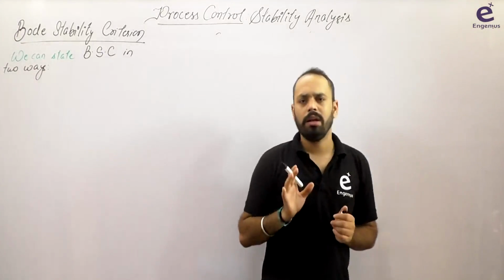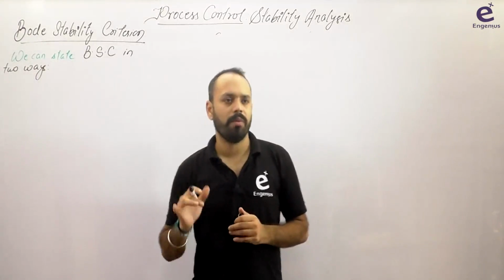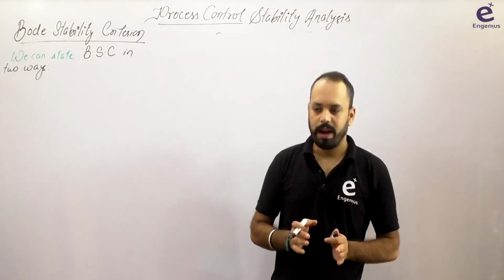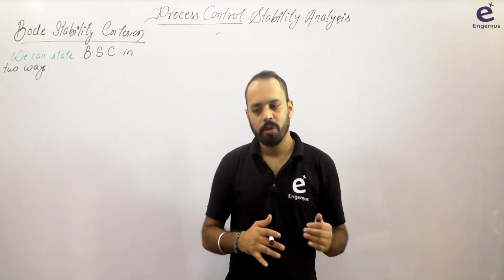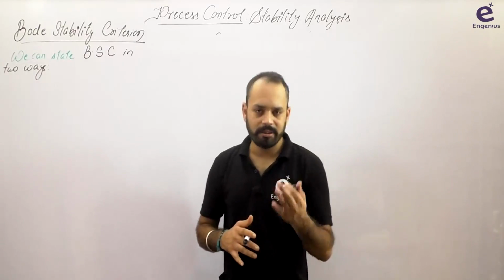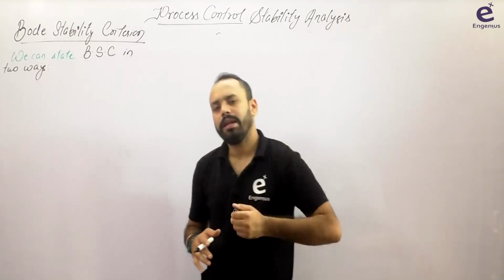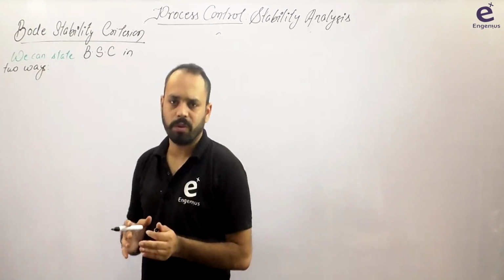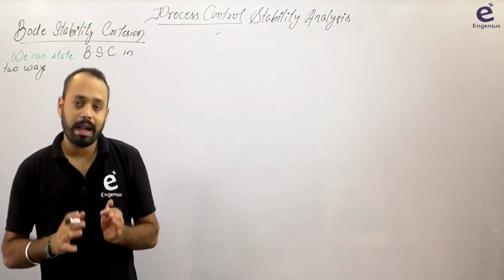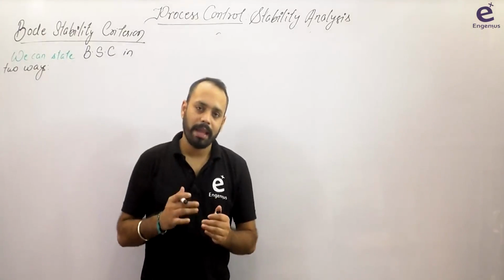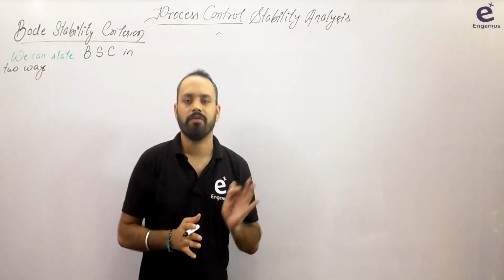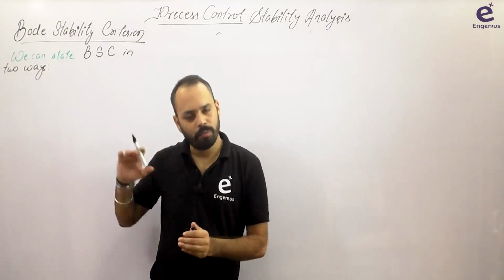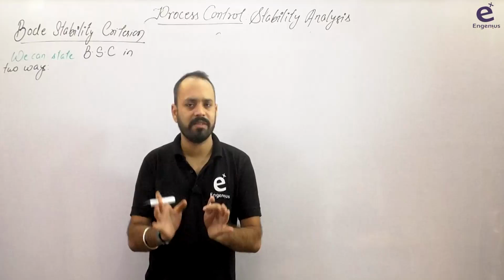Dekho, in GATE or in many books or previous year questions, you will find that mostly we use phase crossover frequency. That's why I told you that by default in the GATE exam, if the question says crossover frequency, it is phase crossover. And that's why while applying the Bode stability criteria, we generally apply it in terms of phase crossover frequency, right? So I'm giving you both statements, and both can be used.